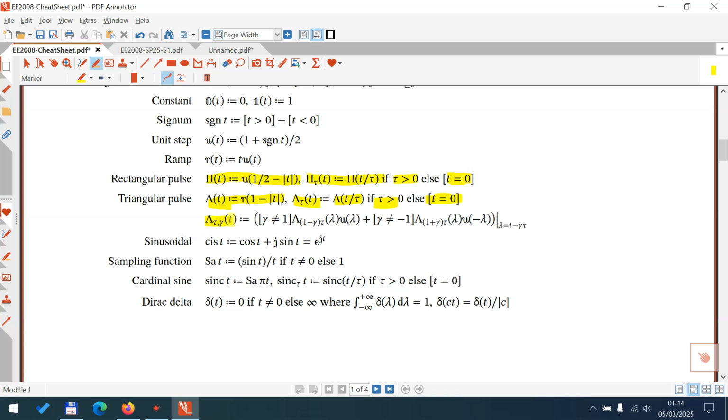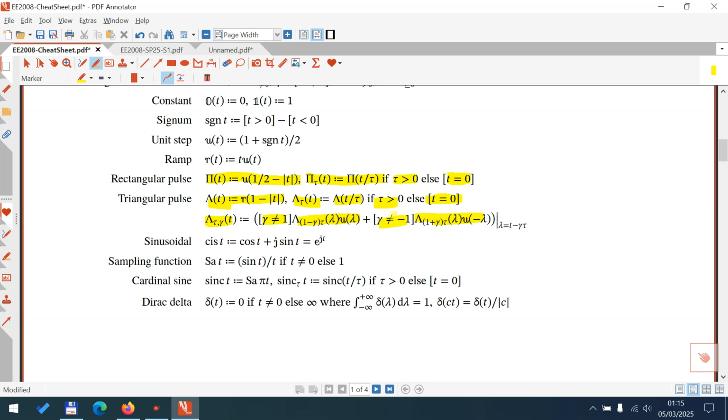And this version now, the skewed version, remember, this is the left part of the skewed triangle. This is the right part of the skewed triangle. This condition makes sure that the extreme case gamma equal to 1 is not considered, because that will introduce a half-time Dirac delta. We don't want that.